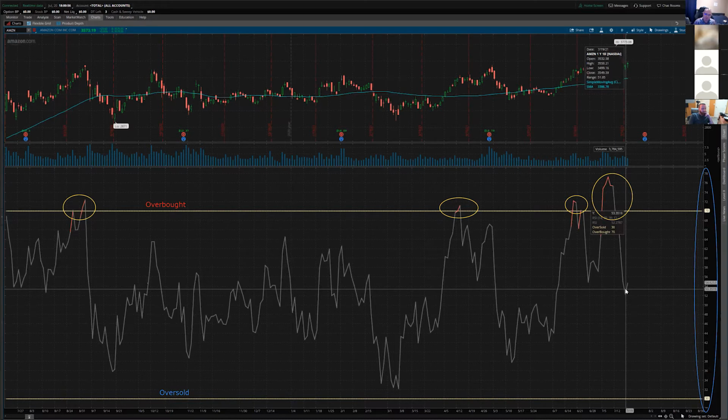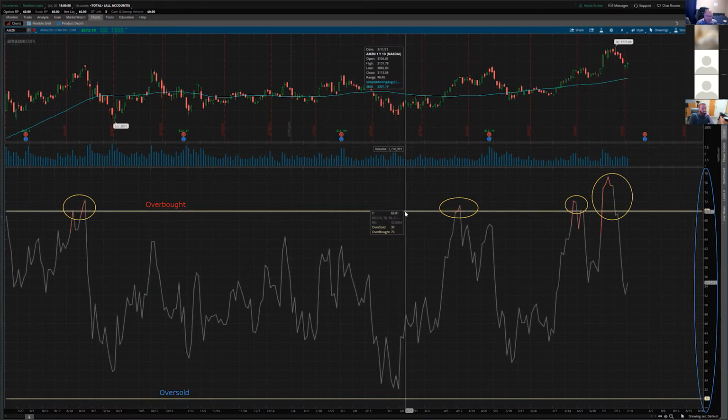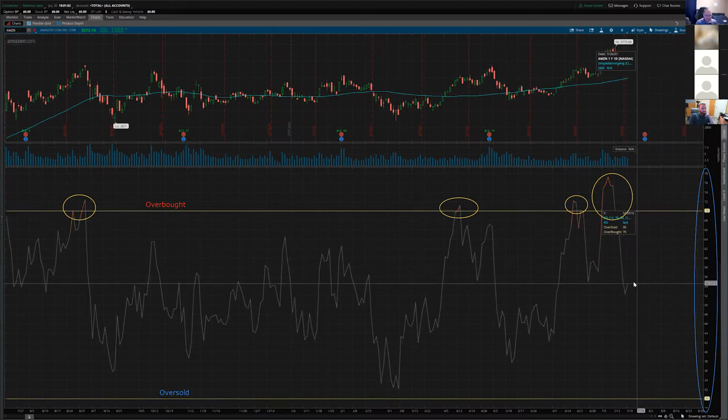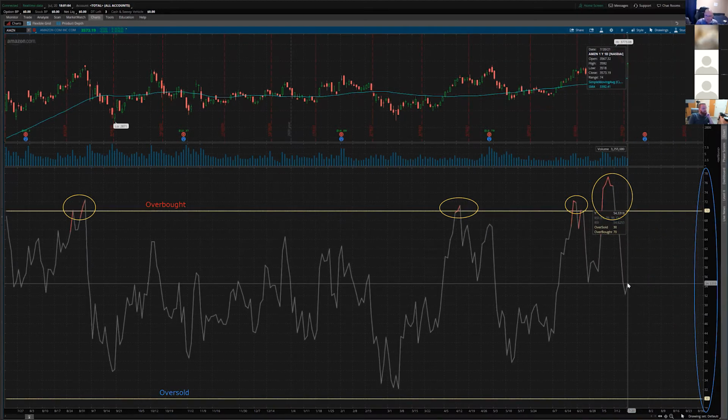Middle is 50%, because percentage can only go between 0 and 100%. So from a technical standpoint, or if you're going to day trade it, you're like, I don't know, unless there's going to be some news that could affect the price up or downwards. So I may want to be cautious if I want to enter this stock.